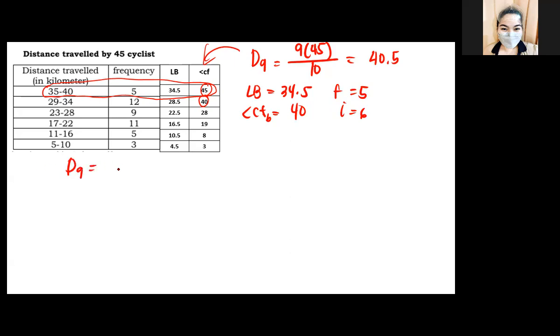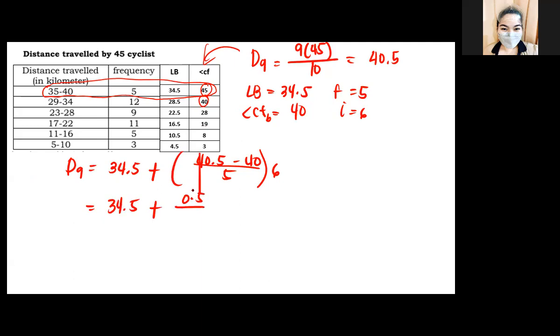Substitute, D sub 9 is equal to 34.5 plus 40.5 minus 40 divided by 5 times 6. So, magiging ano yan? 34.5 plus 0.5 divided by 5 times 6.